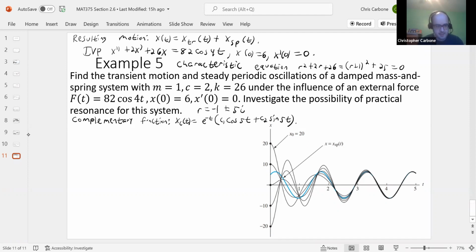So we could guess the solution to be x of t is a times the cosine of 4t plus b times the sine of 4t.